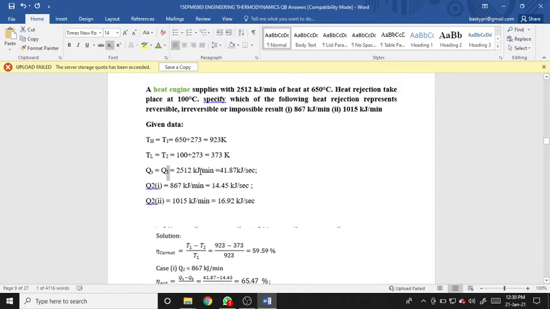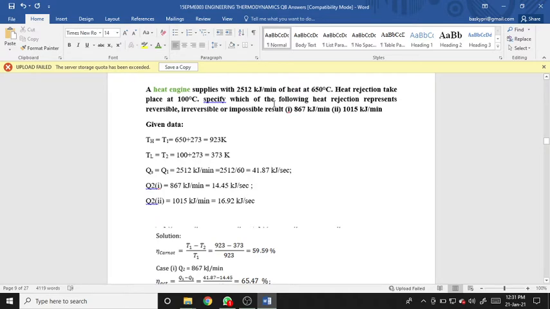Here in this sum the kilo is not converted into joule, they keep it as it is, so for the remaining data you need not convert. The main thing is the minute, which you need to convert into second. The conversion is dividing by 60. So 2512 divided by 60 gives the answer of 41.87 kilojoule per second.